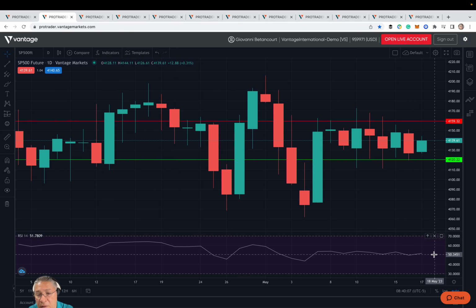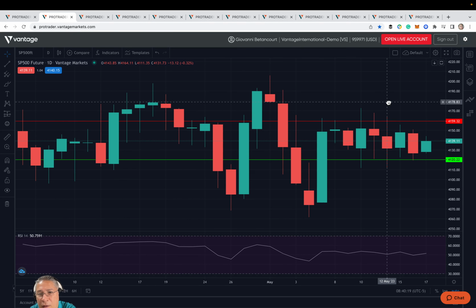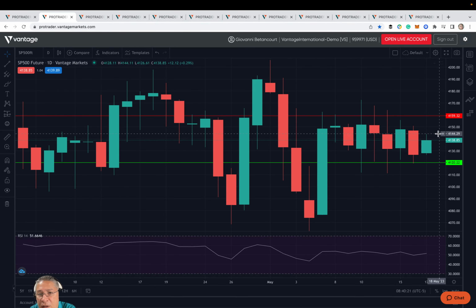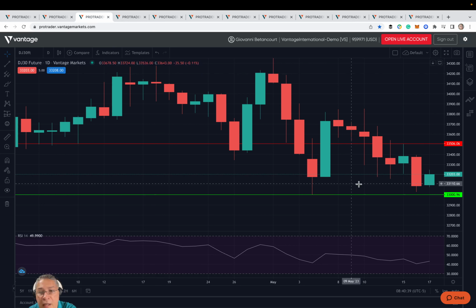Initially, we are trading above the 50 marker on the RSI, so we could continue to speculate that the market could make another attempt to the upside if things don't change, depending on what is happening in the markets internally right now. We are seeing that we are retracing from that high. So let's wait and see if 4130 could be our level of support, and see if the market will stop here and then continue its movement to the upside.